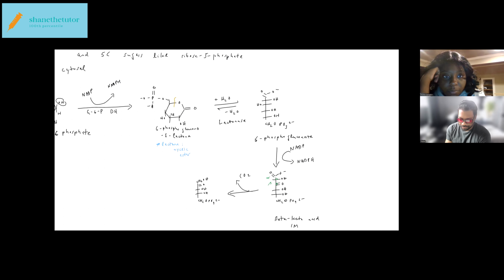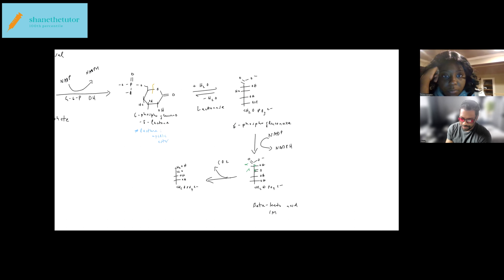And then for this step, from 6-phosphogluconate to the beta keto intermediate, what type of enzyme do you think works there?